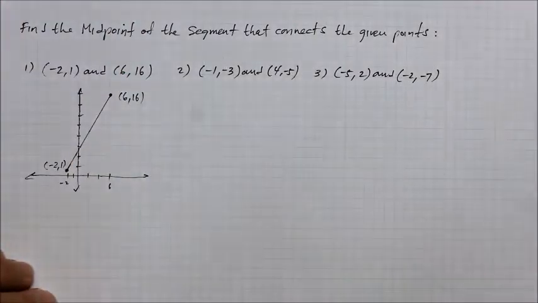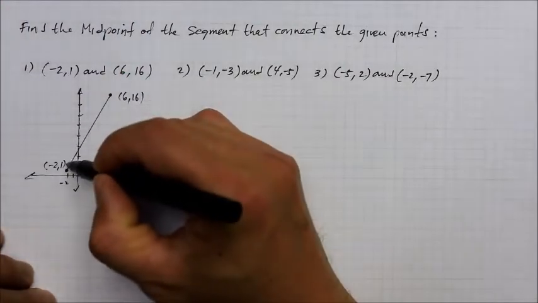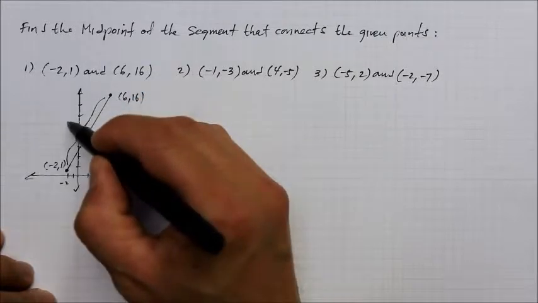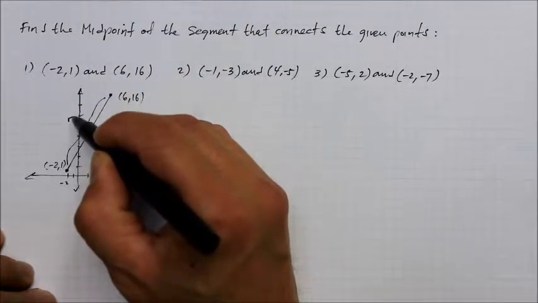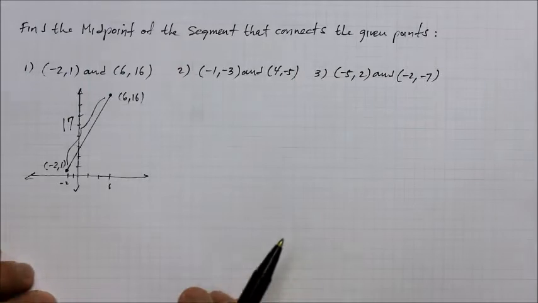Last time, using the distance formula, we said the distance between the first point and the second point is 17 unit measurements.